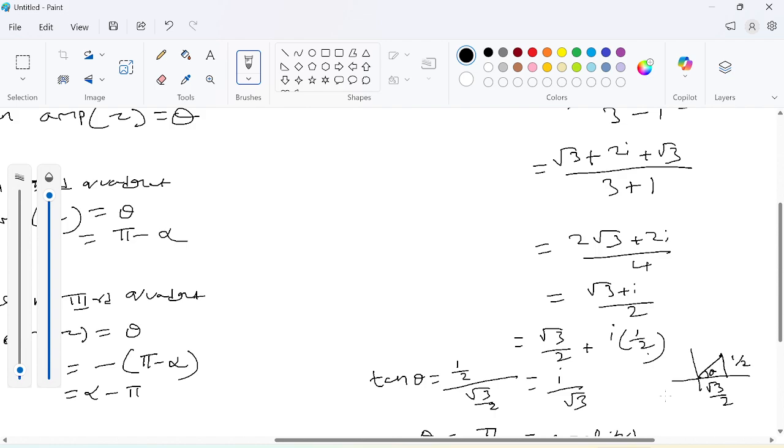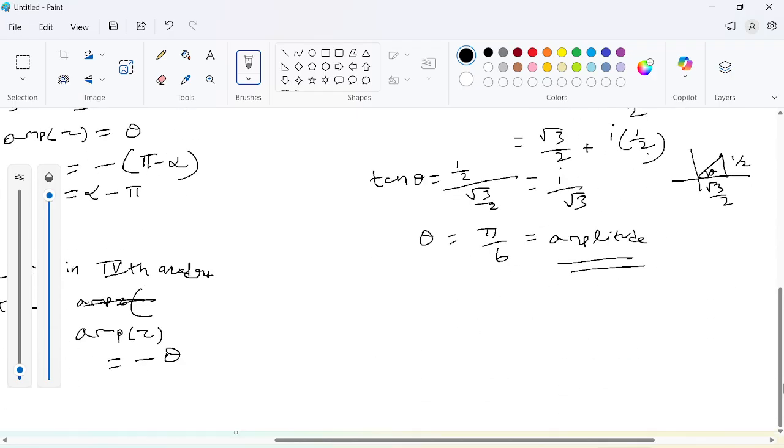Now let us take another example. Find the amplitude of root 7 minus 2 into i.